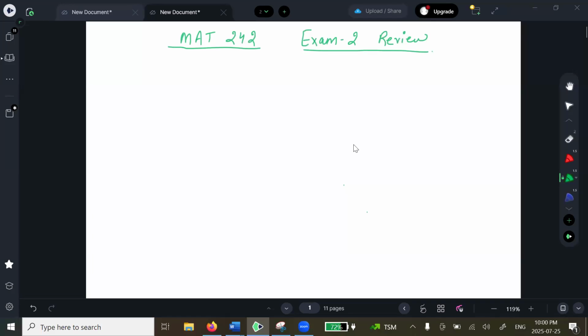Okay, so let's begin with the general structure of exam 2. We'll have 12 to 14 problems from chapter 4 and chapter 5. You're allowed a Desmos matrix and scientific calculator, so I highly recommend that you practice using that.